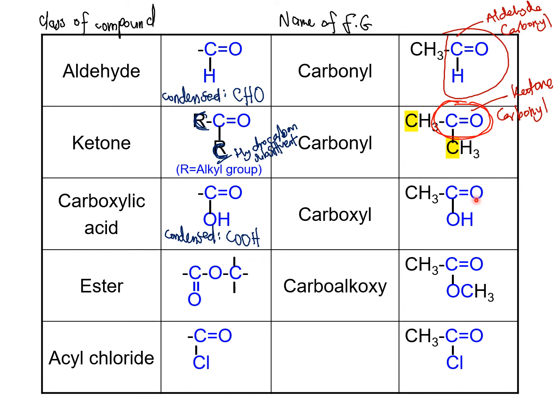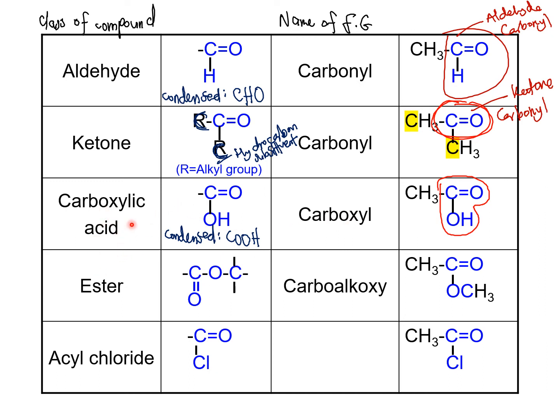Again, if let's say you have this kind of organic molecule, dia suruh kamu bulatkan the functional group yang present in this organic molecule. So, you boleh bulatkan C double bond OOH. Lepas tu, you bagilah tahu. Kalau di sini soalan minta class of compound, you can say that it's carboxylic acid. Kalau the question asks to name the functional group, then you can say it's carboxyl lah instead of carboxylic acid.